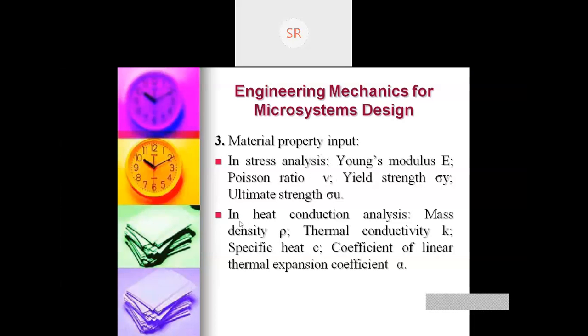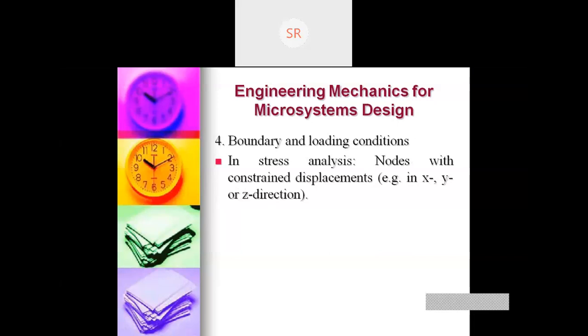Similarly, if my analysis is heat conduction, I need to give the mass density, thermal conductivity, specific heat, and coefficient of linear thermal expansion. All this input I should specify in my software. Okay, then I need to give the boundary and loading conditions. Boundary in the sense, whether it is circular, perfectly rectangular, or oval shape.